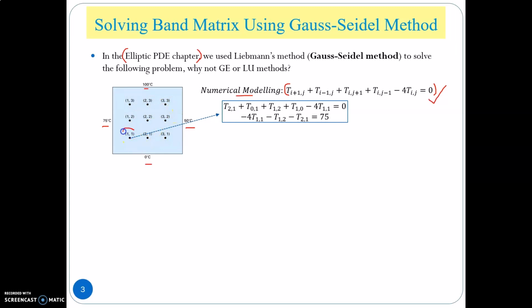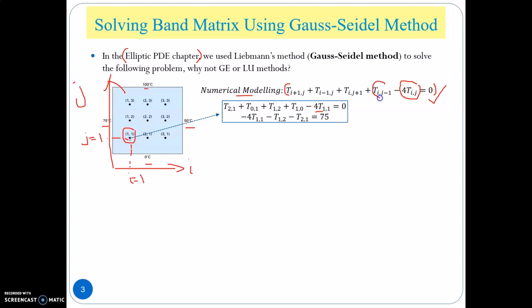For example, at this point, let's have the x direction to be your i and the y direction to be your j. So at this point, your i is equal to 1 and your j is equal to 1. Let's substitute inside this equation. So for this element, you have 4 T11, which is this.